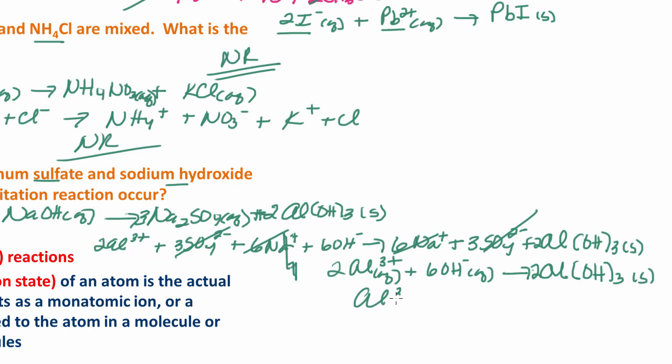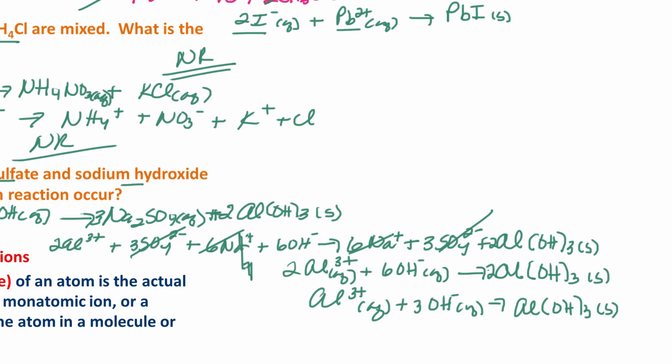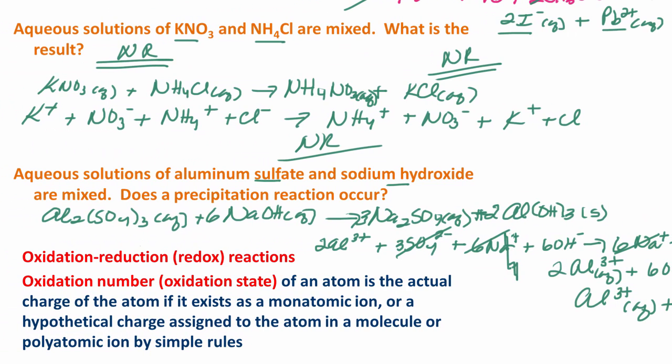Yeah. So we have 1 mole of aluminum ions plus 3 moles of hydroxide ions to produce aluminum hydroxide solid. So practice writing those ionic equations, both the ionic and the net ionic, and be able to predict if a reaction does occur, and if so, what are the products.